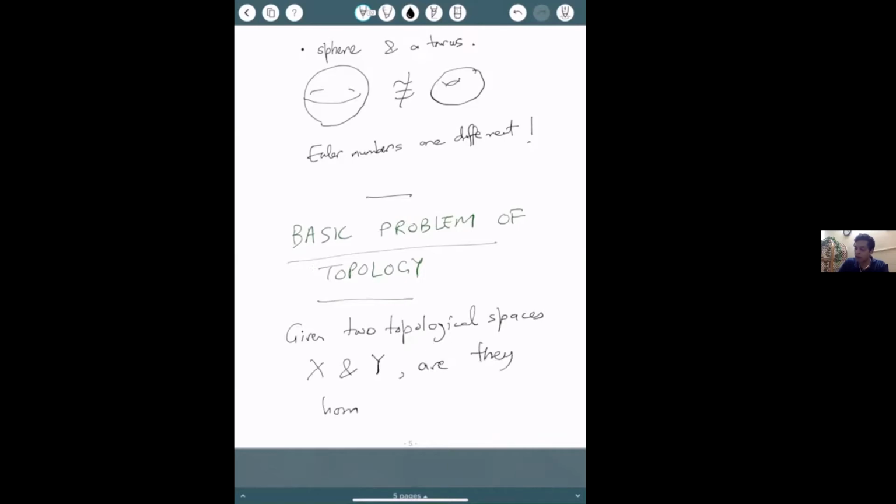Are they the same as topological spaces? You might have different descriptions of them, so can you find a continuous bijection whose inverse is continuous? I mean, are they the same topological space?